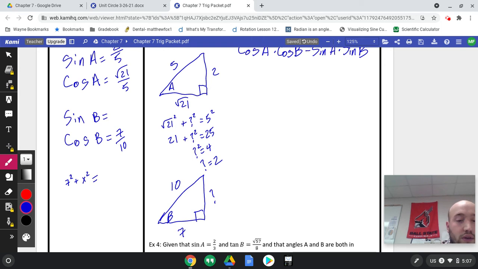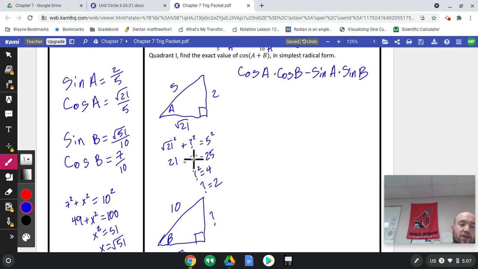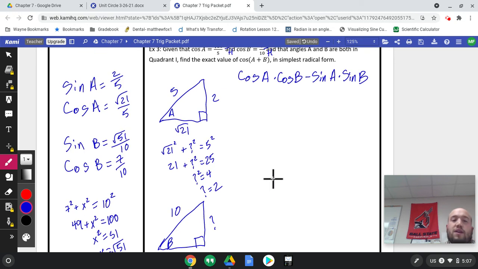So equals 10 squared, 49 plus X squared equals 100. We'll subtract that. We'll get X squared equals 51. So X will equal that square root of 51. So we'll put the square root of 51 on top over 10. Okay, so now all we have to do is we can plug in some stuff. So cosine of A we just found.